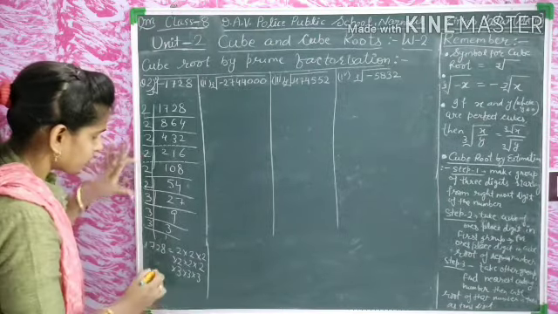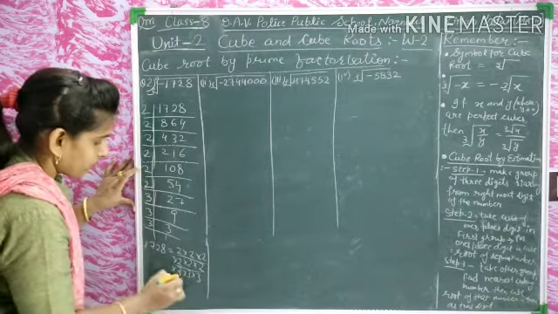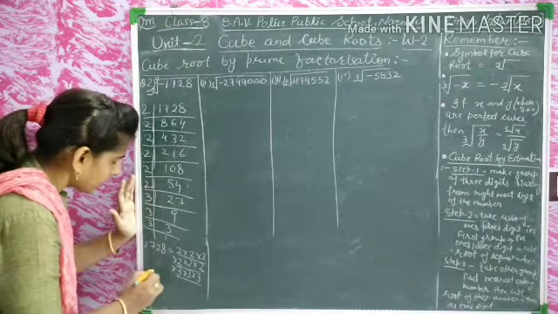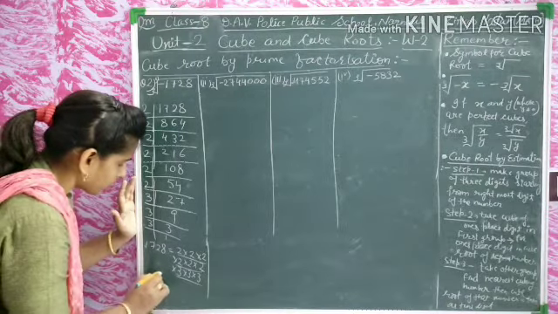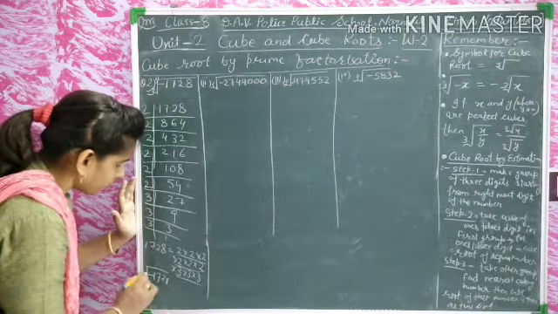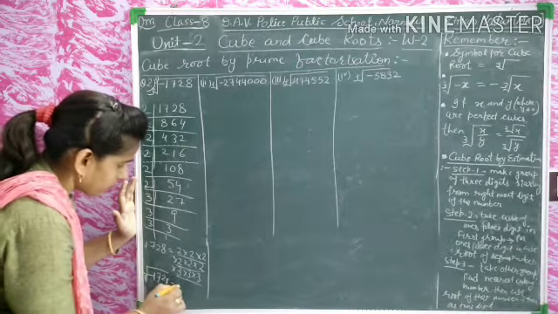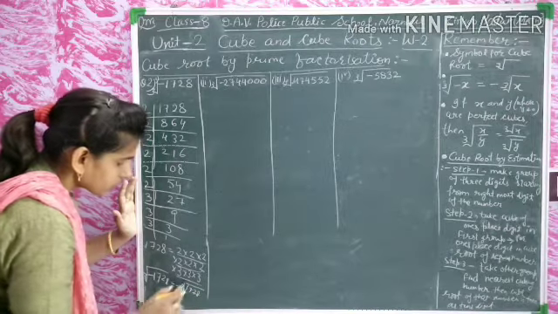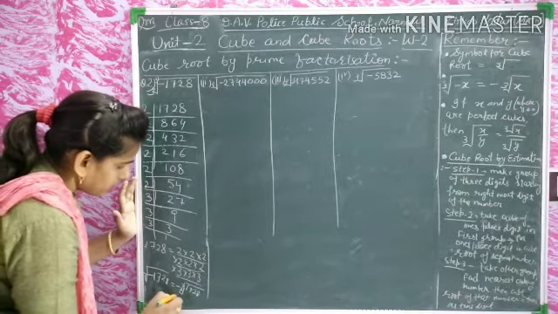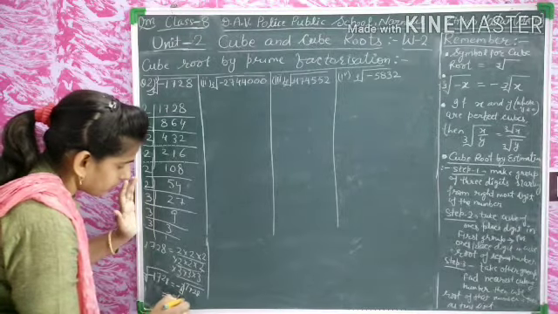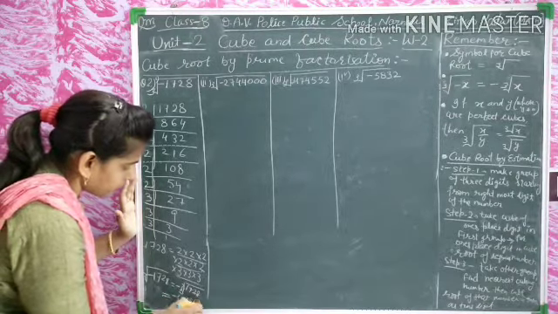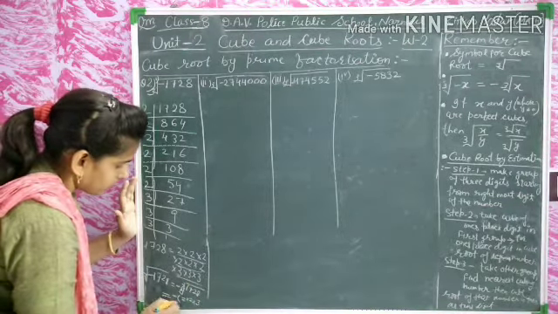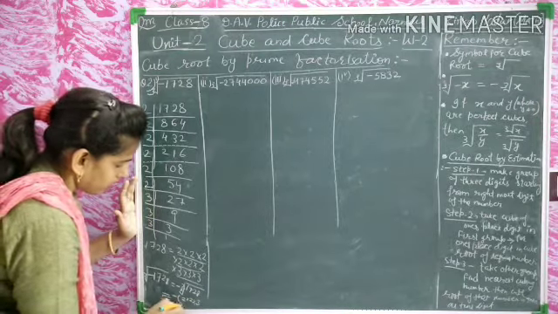Dear students, we take these in triplets. The cube root of minus 1728 is equal to minus of the cube root of 1728, which is 2 into 2 into 3, taking one from each triplet. 2 into 2 is 4, and 4 into 3 is 12, so minus 12.